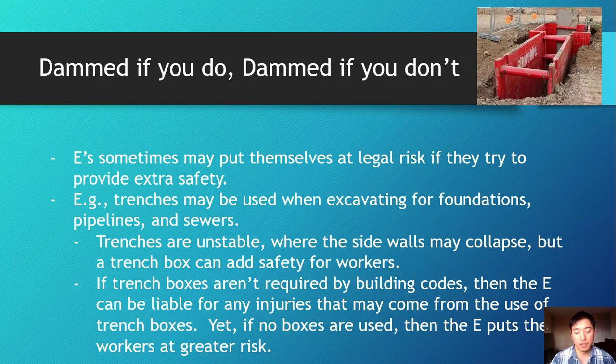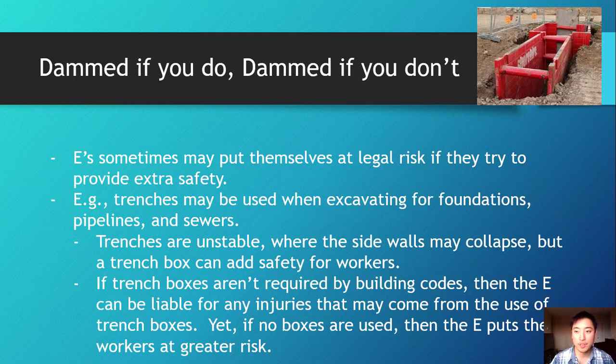Sometimes engineers can be caught in a catch-22, where you're damned if you do, damned if you don't. Engineers sometimes may put themselves at legal risk even if they try to provide extra safety, such as extra safety to their workers. For example, trenches may be used when excavating for foundations, pipelines, and sewers.